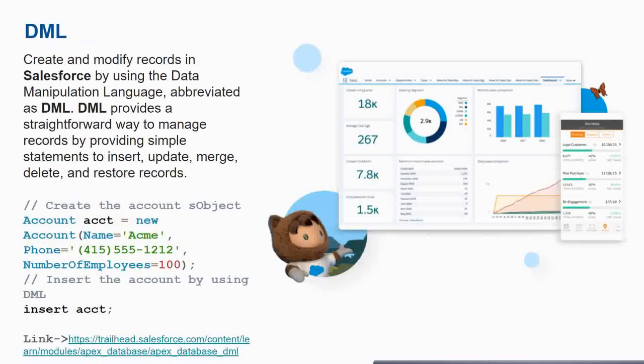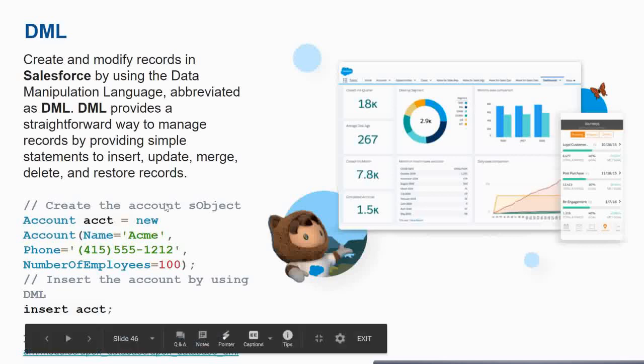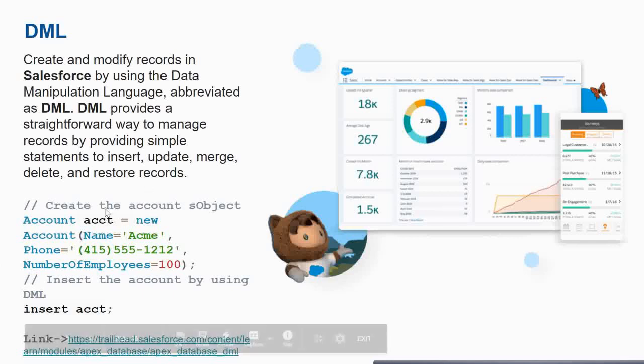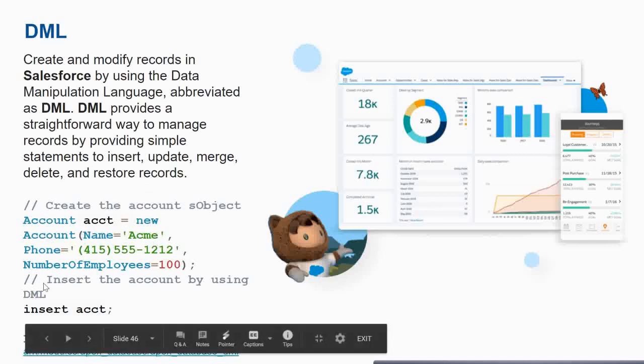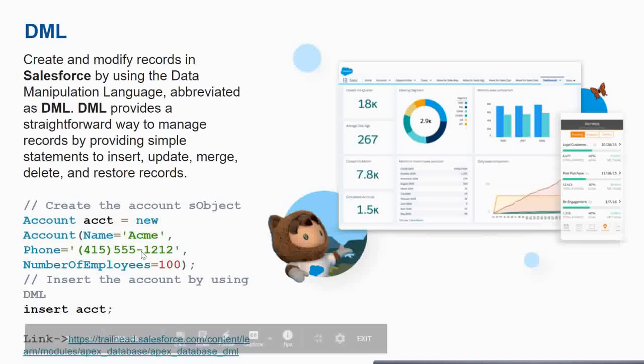Now there is DML. What is DML? I have shown you this in Apex earlier, but you haven't noticed. On this slide, you will get a look at what DML is. When you are writing Apex, you will often see insert account, update account, and so on: insert, update, merge, delete, restore.